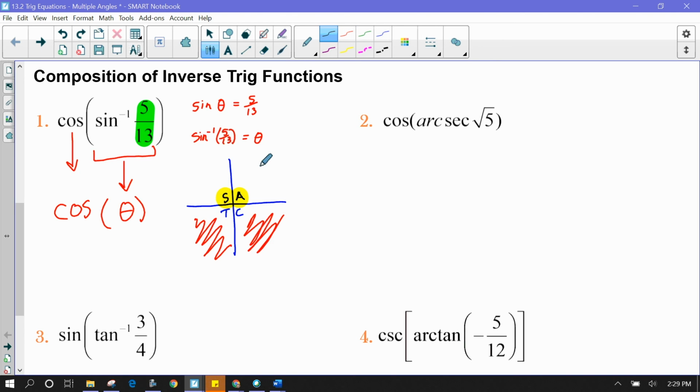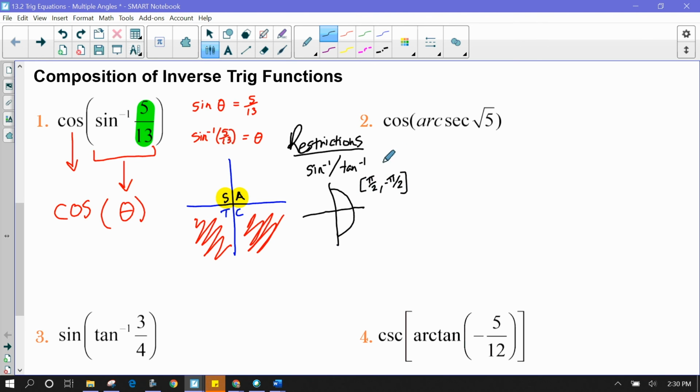What's going to narrow it down to one of the two is remembering the restrictions for our inverse trig functions. Sine and even tangent have the same restrictions. The angle I'm supposed to get for my answer is only going to be found in the first quadrant or the fourth quadrant, or in other words, the restriction is from negative pi over 2 to pi over 2.